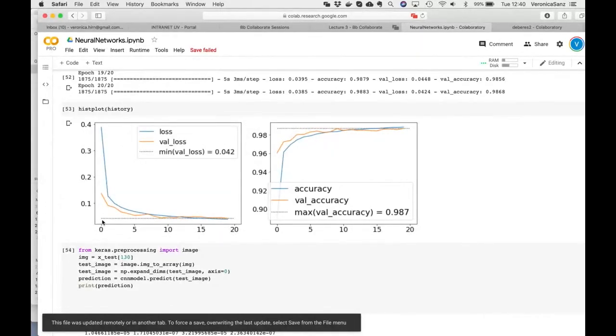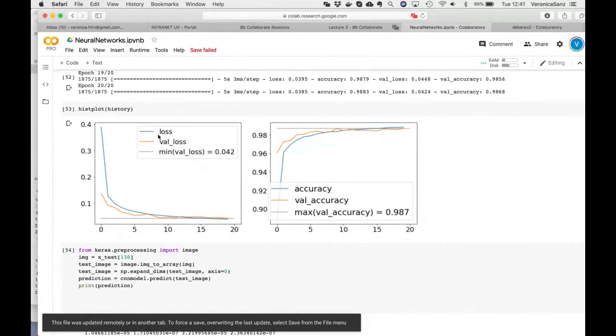Perfect. So at the beginning, the validation loss, the loss, when you run through your whole 60,000 events is a value. Then in the next iteration, you start getting better, because the cost function is going down. And at the same time, the accuracy is going up.